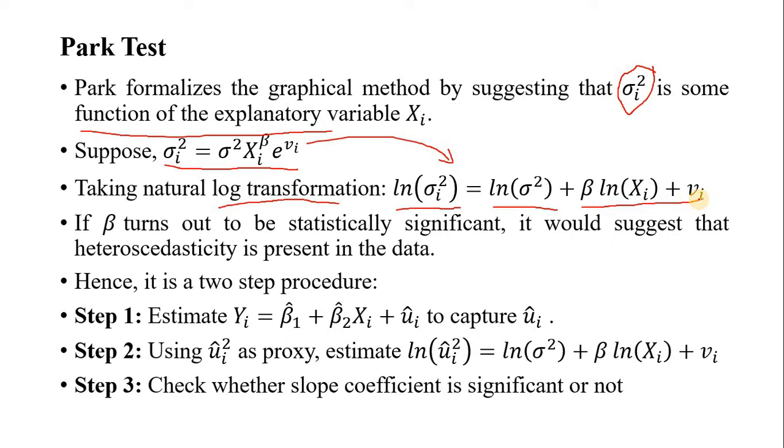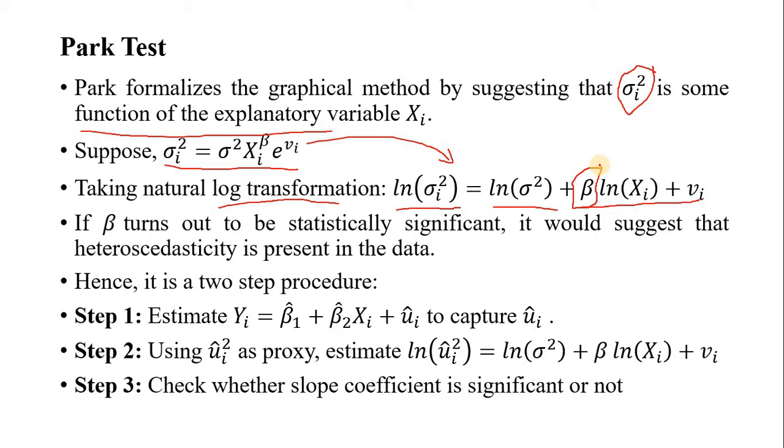You run a regression taking the variance as your dependent variable and xi as your independent variable, and you check whether this beta is significant or not. If beta turns out to be significant, then there is a problem of heteroscedasticity.